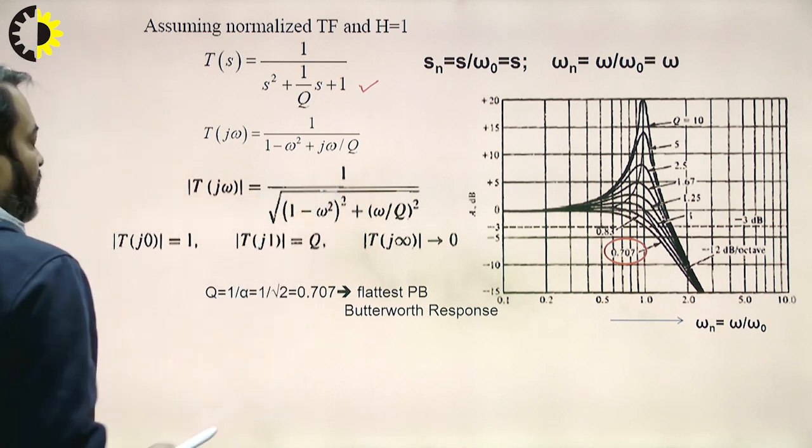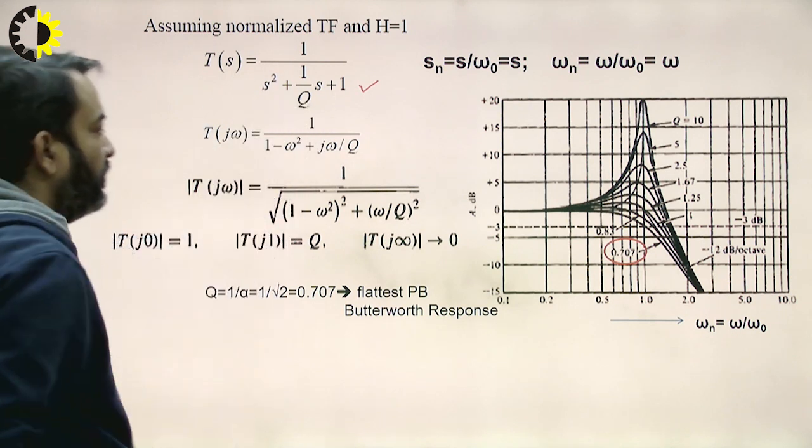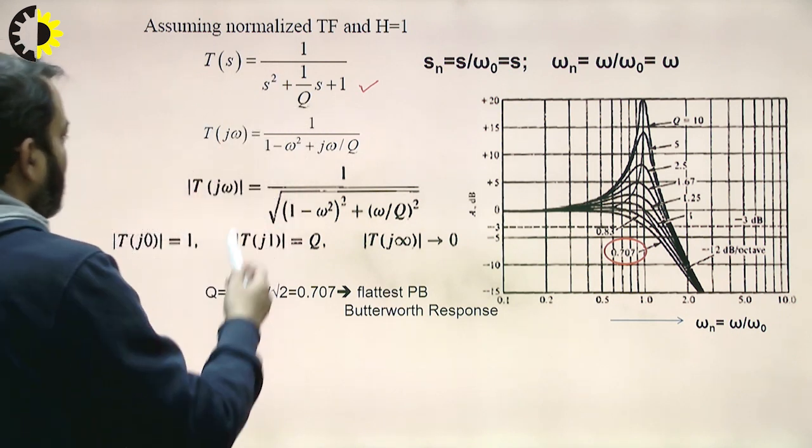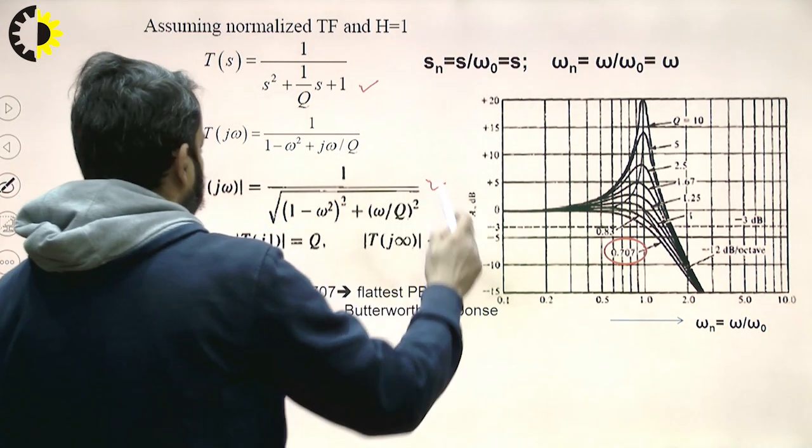Now if we calculate the magnitude of this transfer function by putting s equal to j omega, in that case we will get T(j omega) equal to this much.